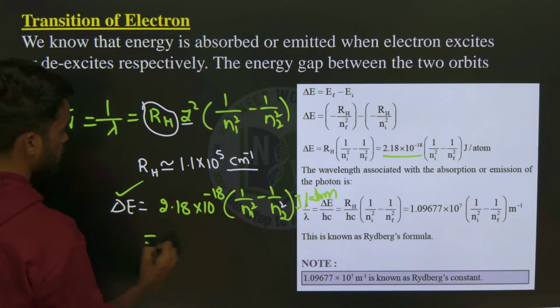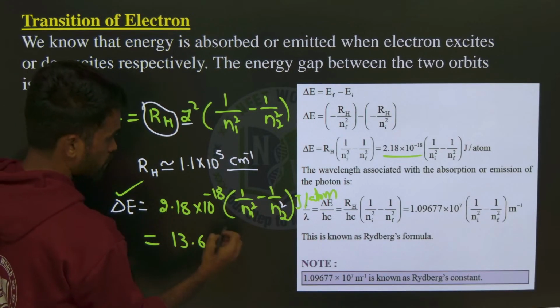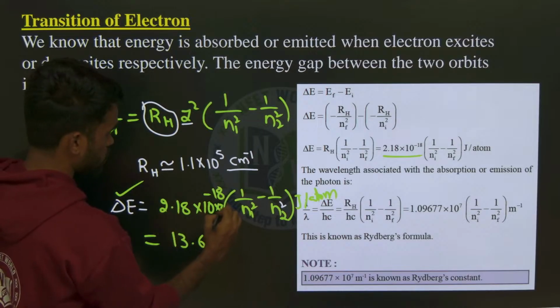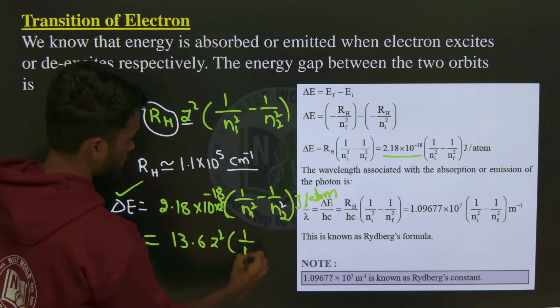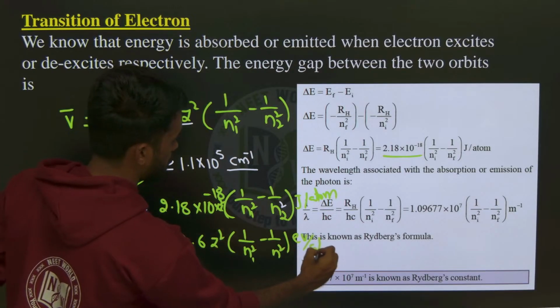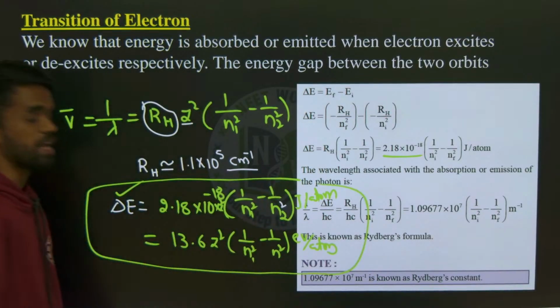If it is electron volt per atom, just take 13.6 Z square, 1 by N1 square minus 1 by N2 square, electron volt per atom.